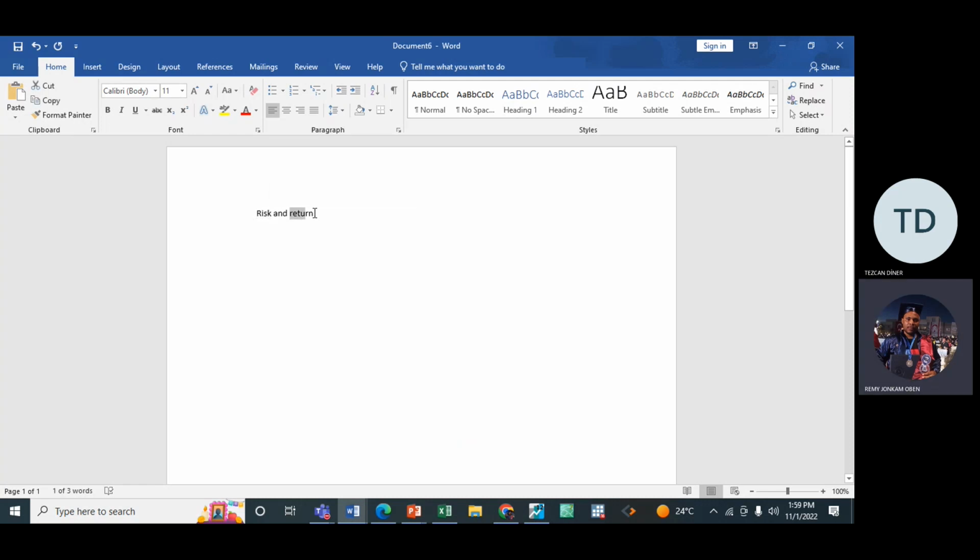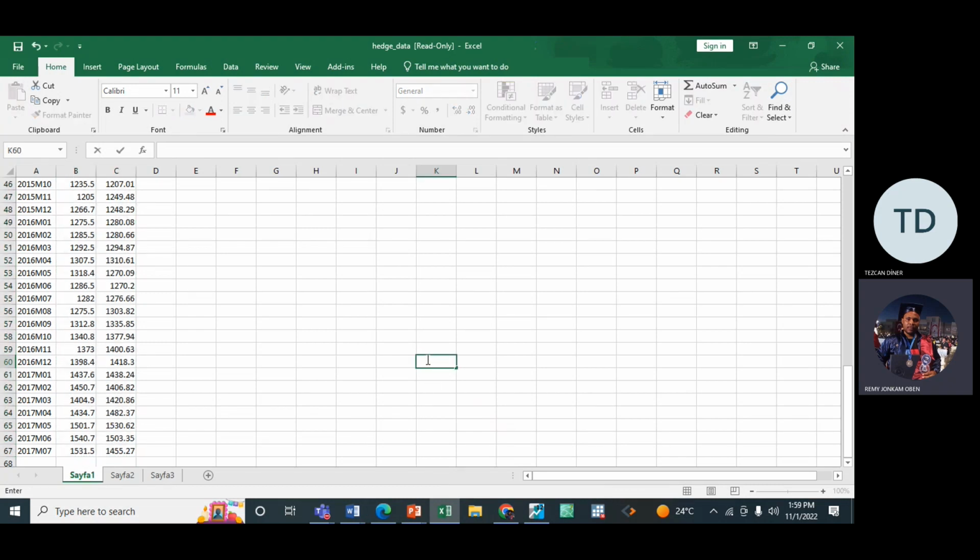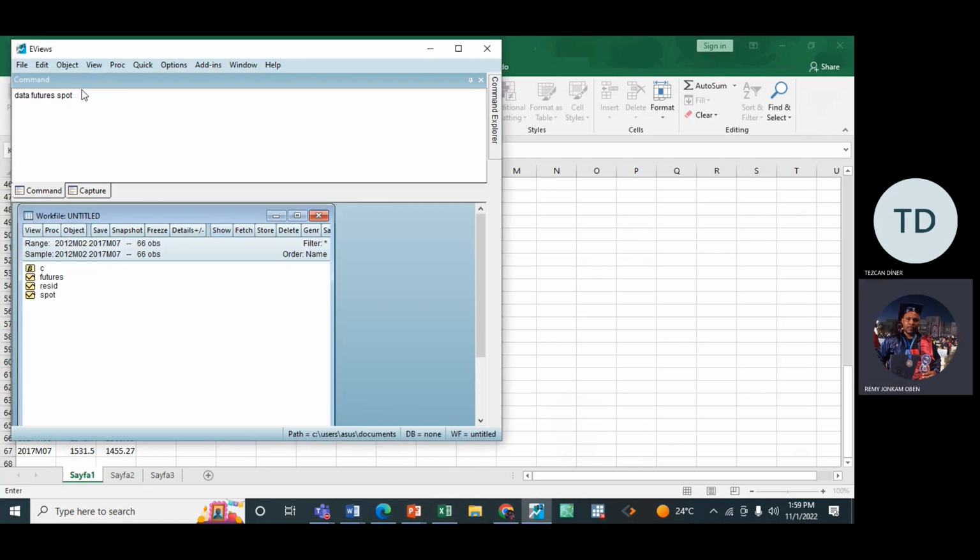We need returns. We don't need prices. What we have here are prices, stock prices, but we need to convert these prices to returns. This futures here is a futures price. This spot here is a spot price. Then we need to get the returns.